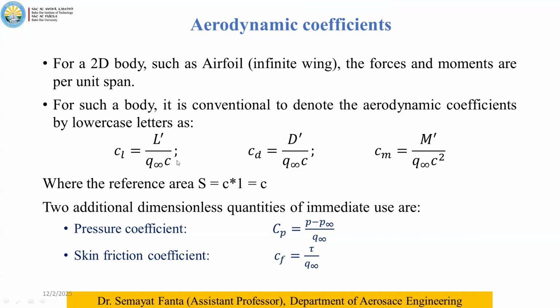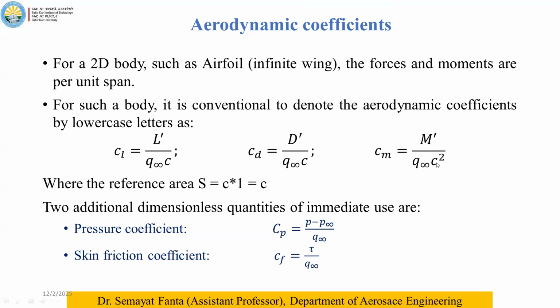But for the case of a wing, we say Q times S, where S is the planform area of the wing. Similarly, the drag coefficient is d over Q times C. Cm, the pitching moment coefficient of the airfoil, is the moment divided by Q times C square. Why is it C square?